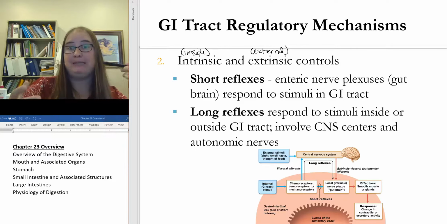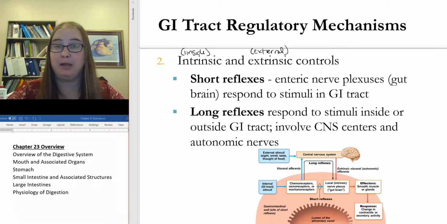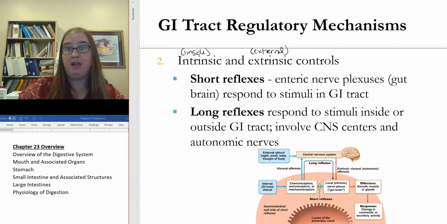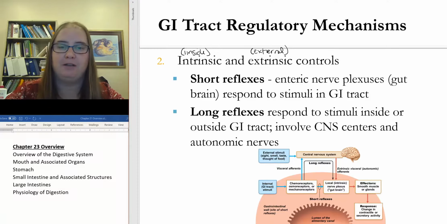So your body is preparing for the consumption of a food product. That is what we refer to as an external stimulus. Even though you have not consumed anything, that's going to activate or trigger the central nervous system to communicate to the digestive system to initiate this process of digestion and preparation for this stuff coming in.